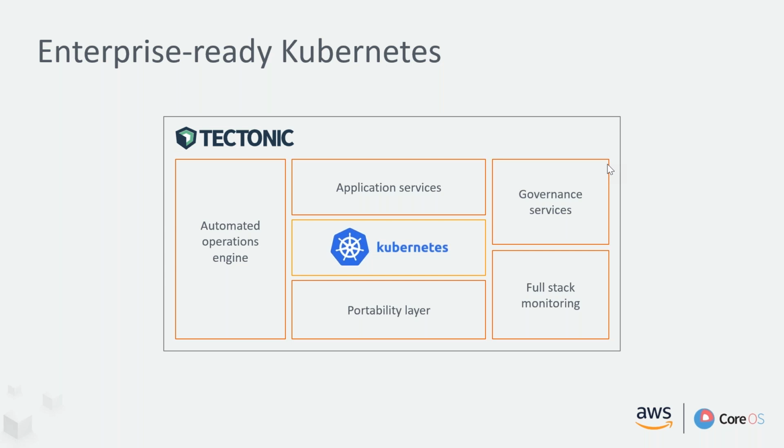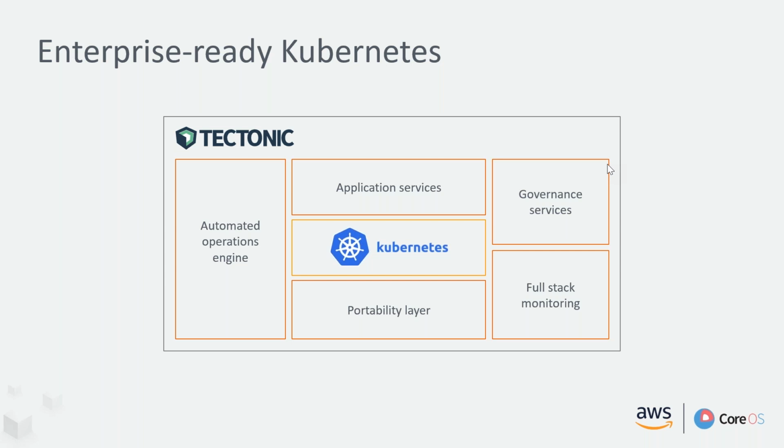such that your consumers of the API can then use those features. So Tectonic builds enterprise-ready features around that upstream core unmodified Kubernetes, and that's things like governance services to meet all of your security needs and making sure admins can know what's running on the cluster and that folks have the correct permissions. Full stack monitoring of the cluster itself, as well as applications running on top of the cluster.